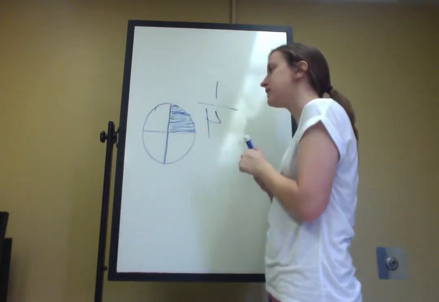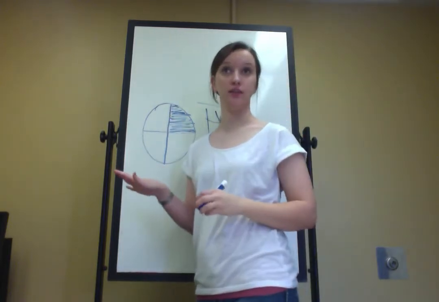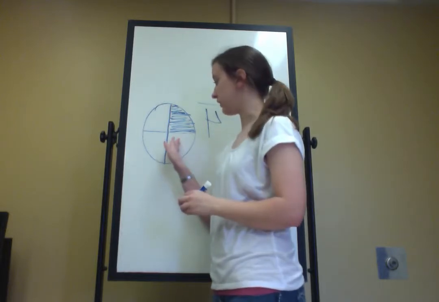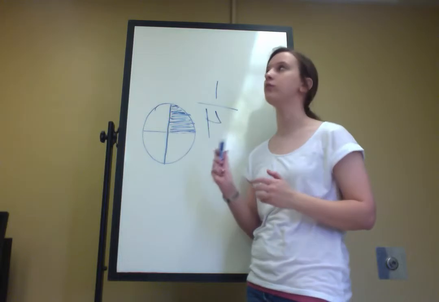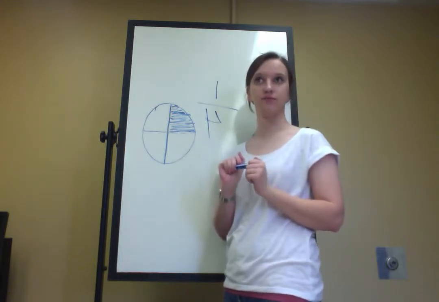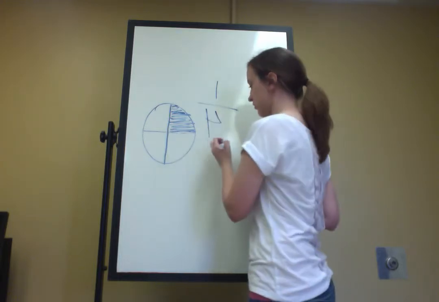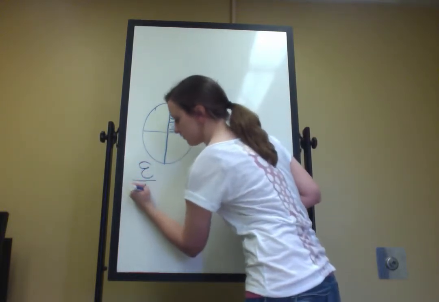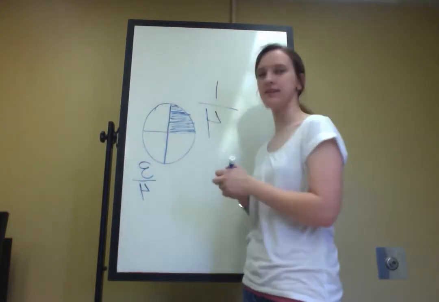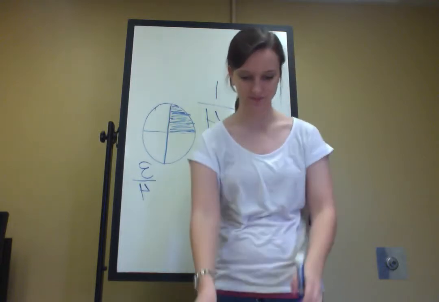Okay, now what if we wanted to talk about the unshaded part? There's parts of the circle that are still unshaded. How much of that is unshaded? 3/4, right? Right. Perfect.